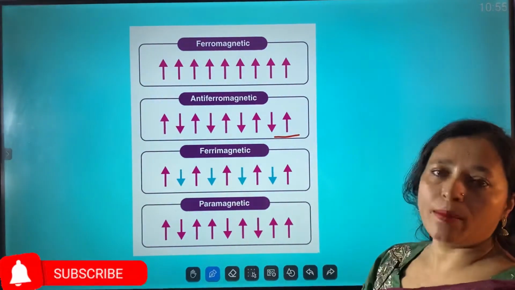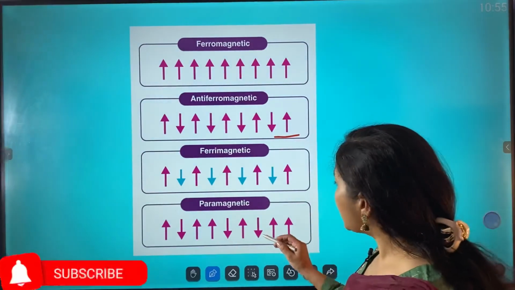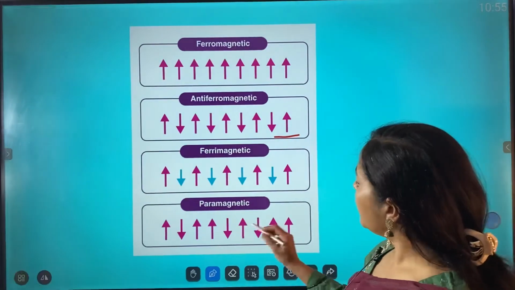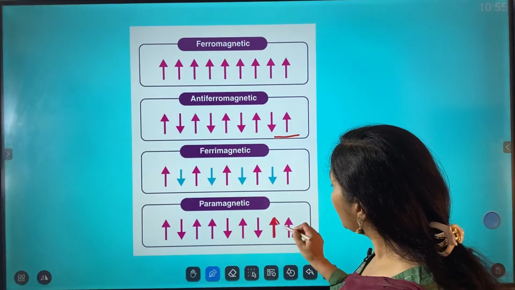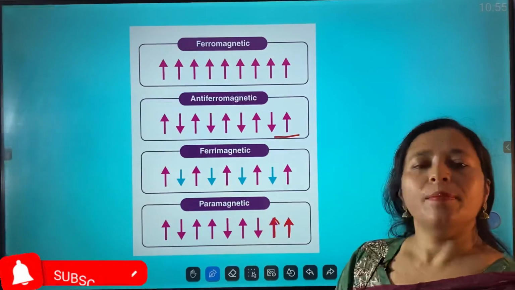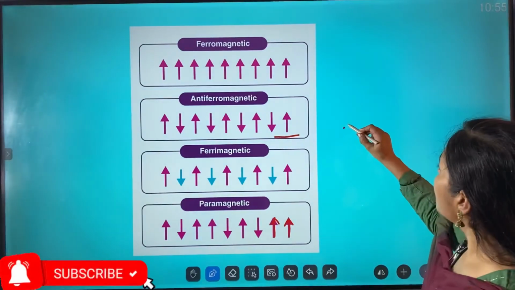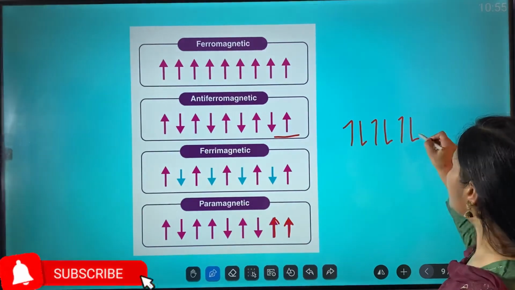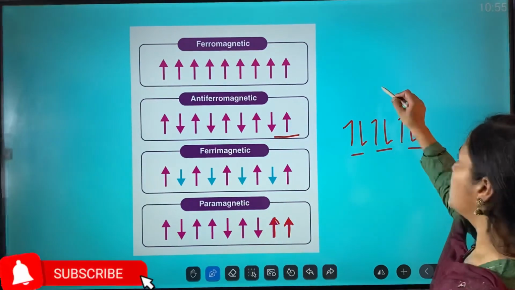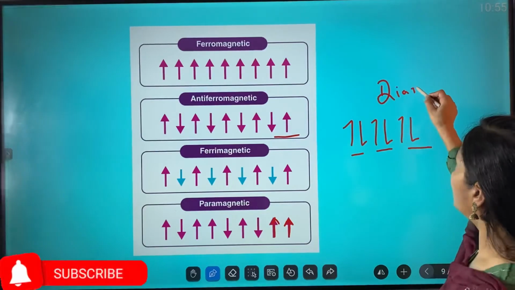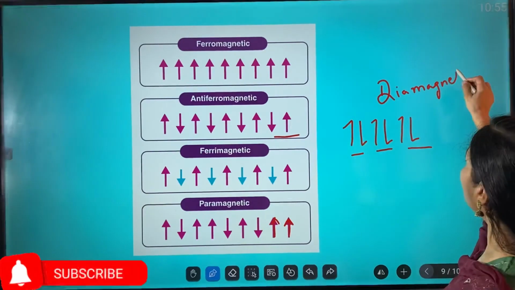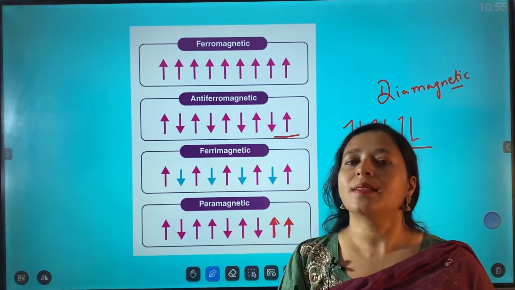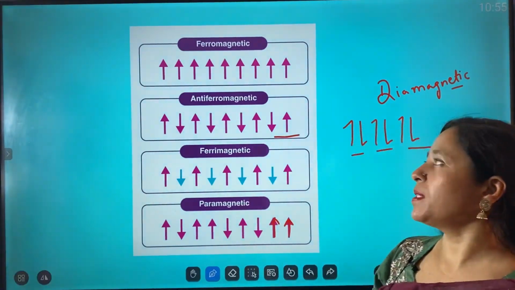In paramagnetic substances, they are not paired up, but at least one or two unpaired electrons should be present. In diamagnetic substances, they have paired electrons with opposite spins. I hope I have shown this in diagrammatic form too, so the different magnetic properties of solids are quite clear to you.